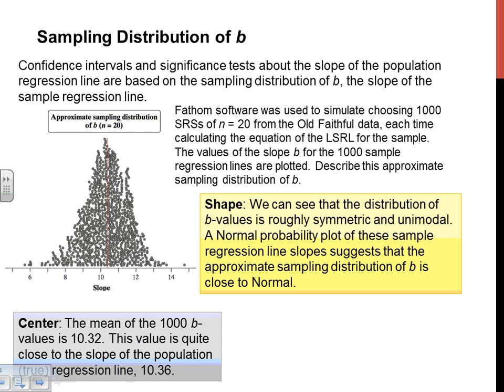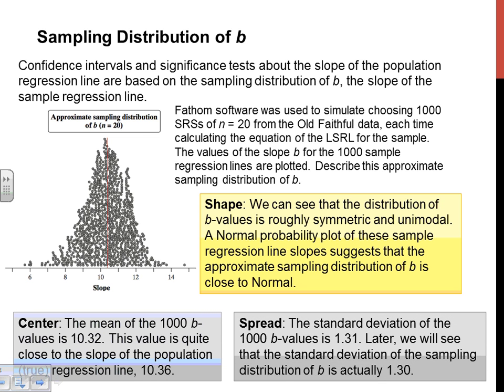The center, the mean of the 1,000 b values, is going to be 10.32. That's really, really close to what the true population slope was, 10.36. The spread, the standard deviation of these, is 1.31, and later we're going to see that the standard deviation of the sampling distribution of b is actually 1.3.